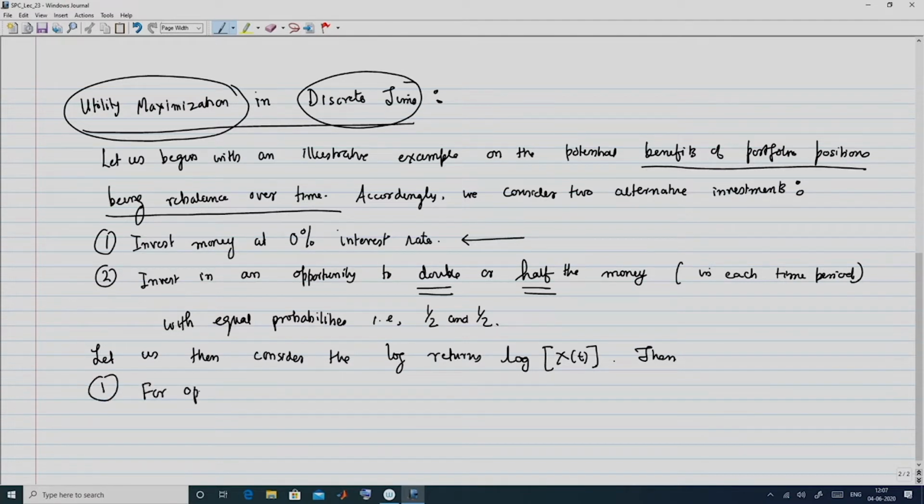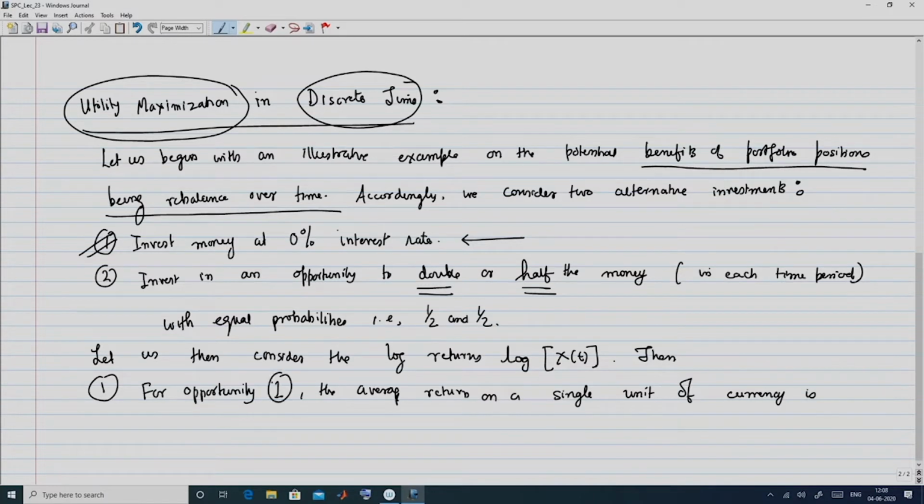So, for opportunity 1, the average return on a single unit of currency is, what is this going to be?